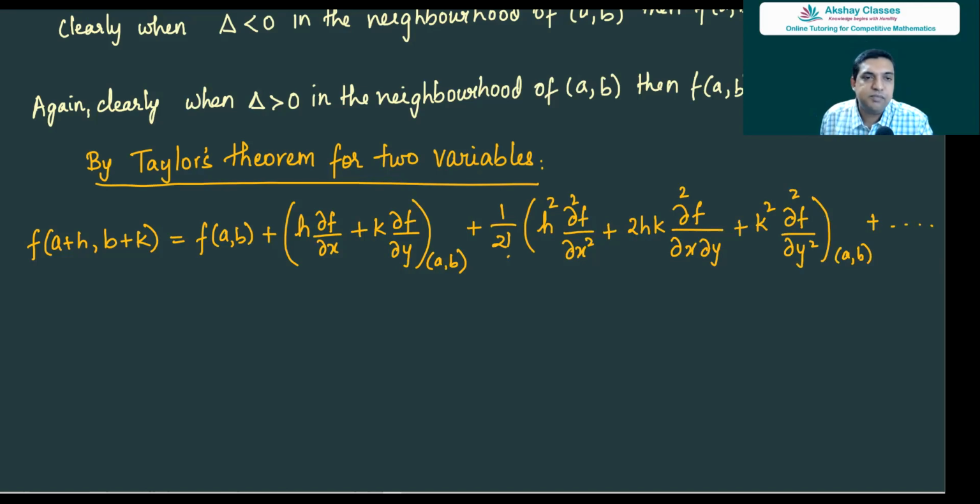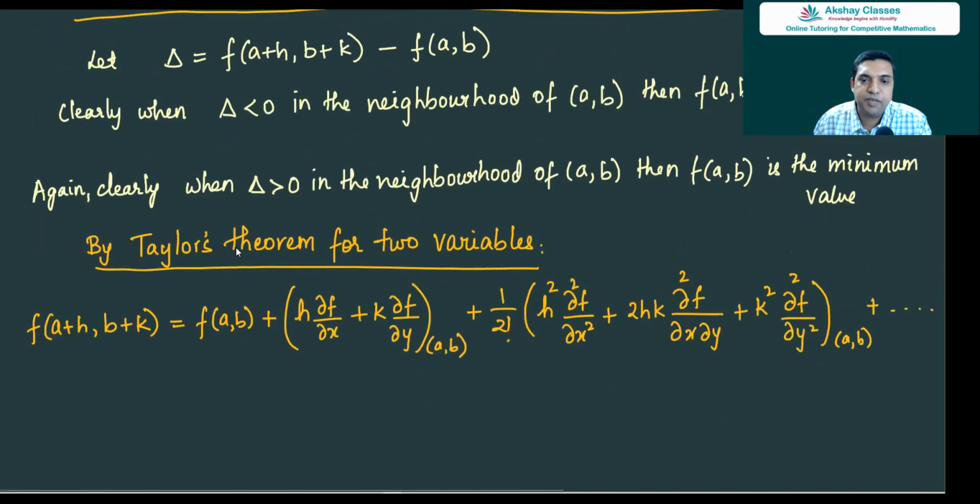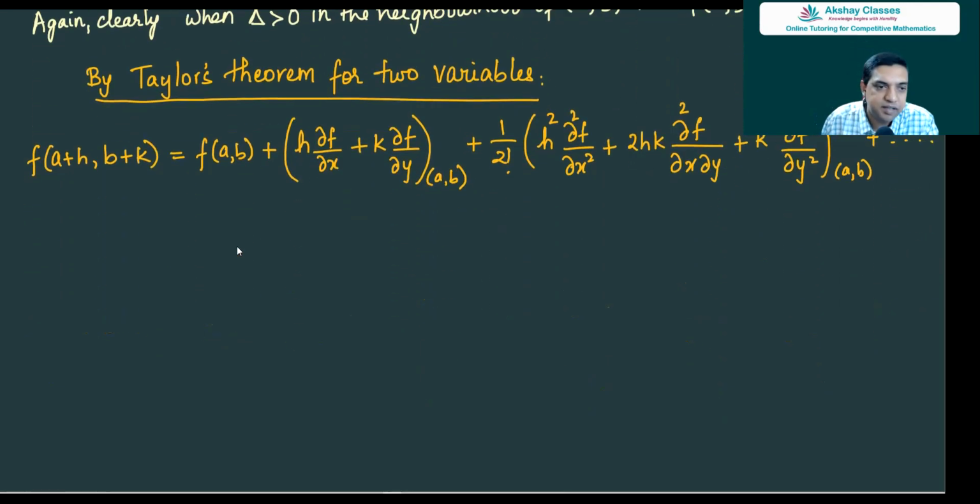Why? The first term is required because we want to find delta. So from here, delta is equal to f of a plus h comma b plus k minus f of a comma b.